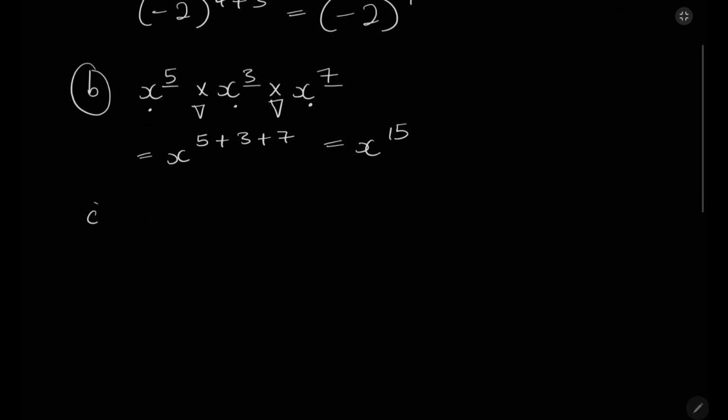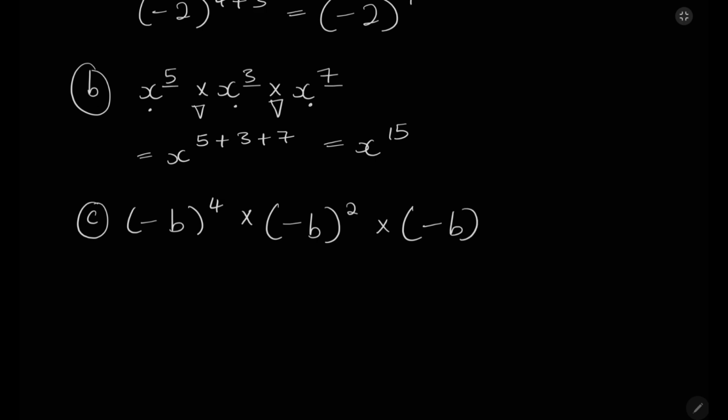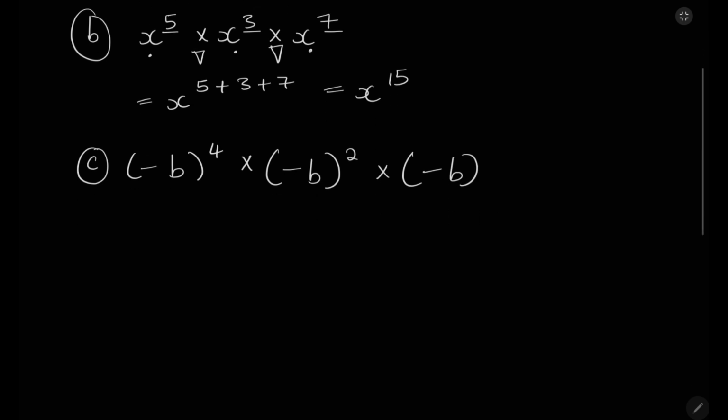Now let's try C. We have negative b to the power 4 times, let's say, negative b squared times negative b. Let's try to solve this. We have to check whether we have the same base. We have negative b, and negative b. We do have the same base.